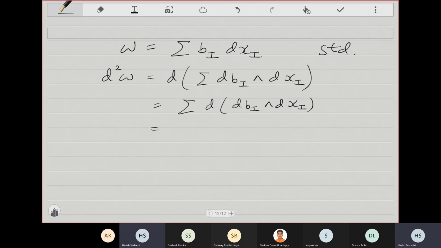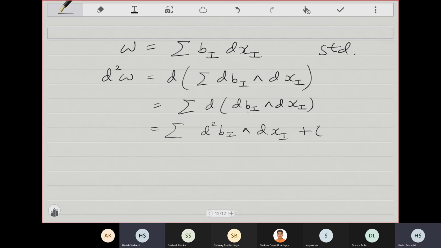Again, I use this Leibniz rule. I'll get D of D squared of Bi wedge dxi plus minus 1.